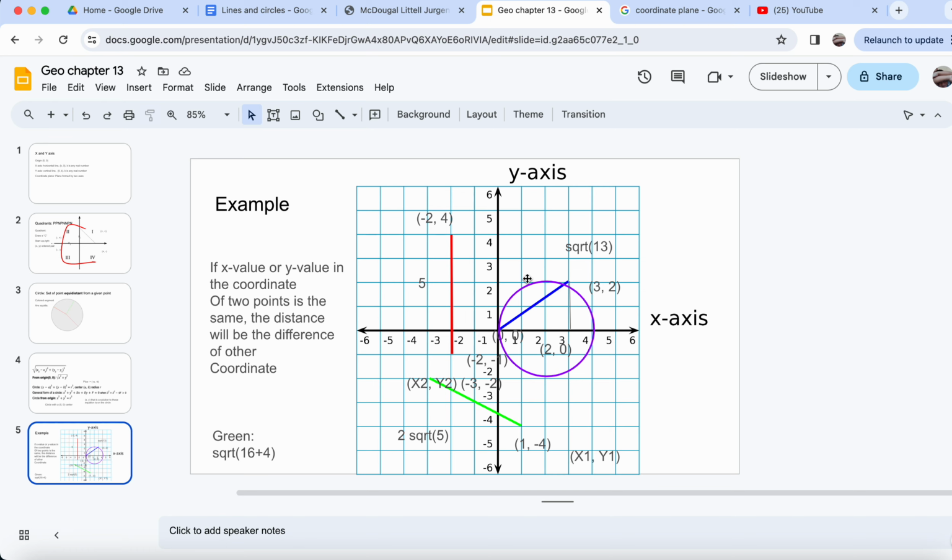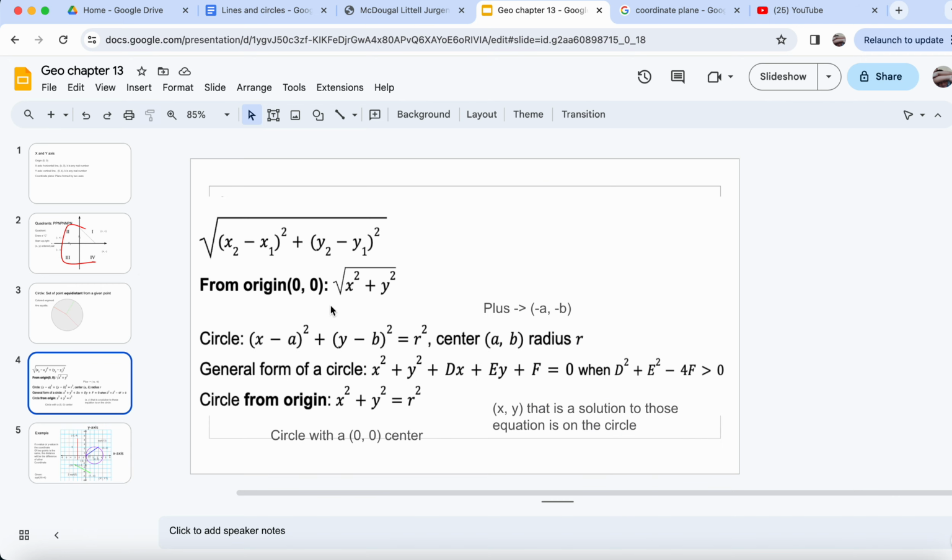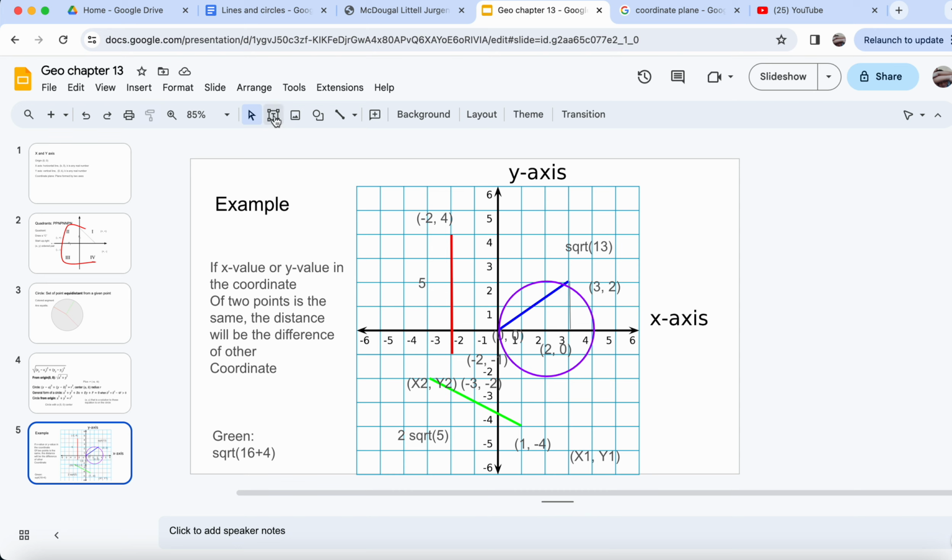Now let's practice the circle. This circle has a center of (2, 0). What will its equation be? Look back at the circle equation: (x minus a) squared plus (y minus b) squared equals r squared. The center is (2, 0) and the radius is 2. Keep the x and y.